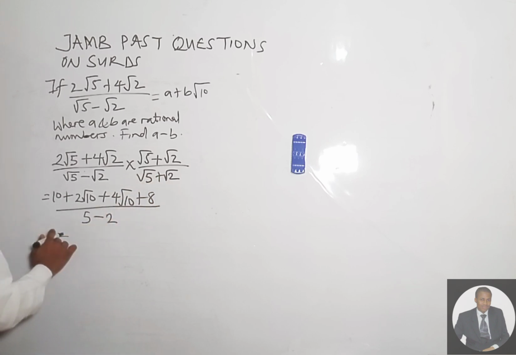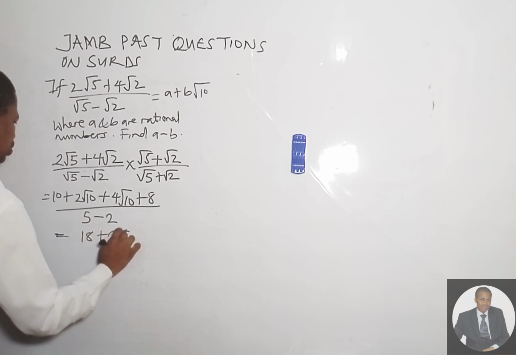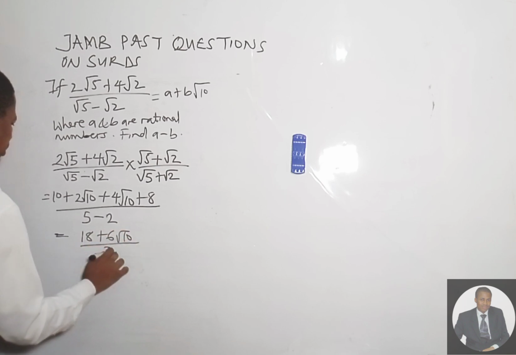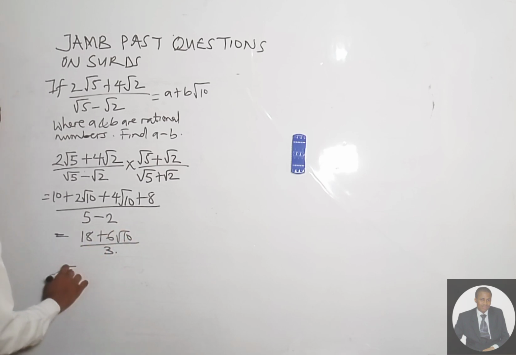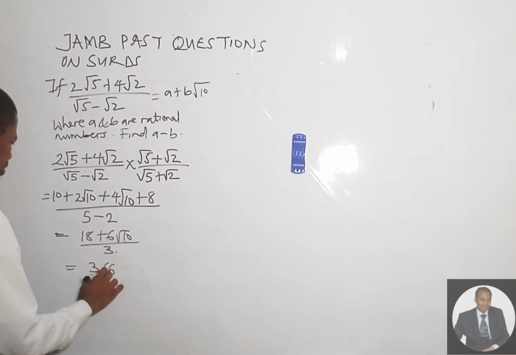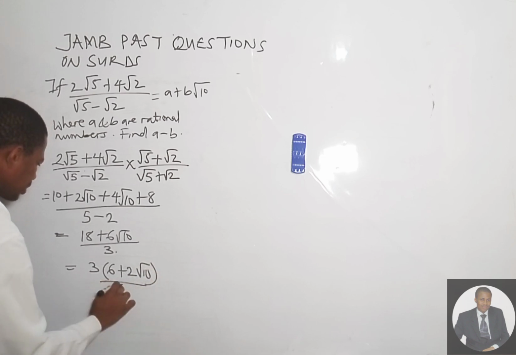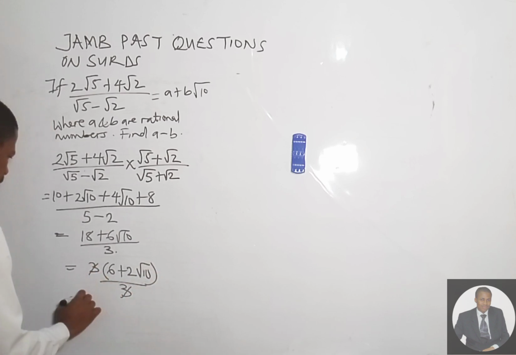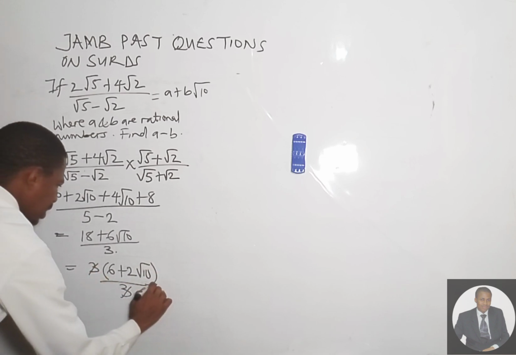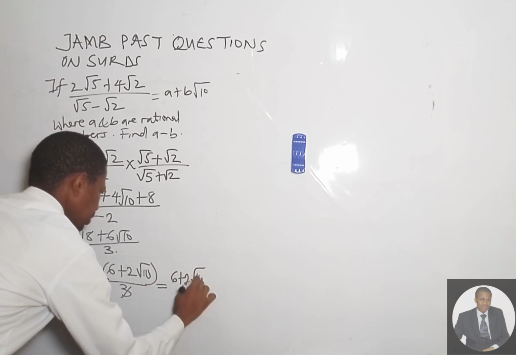So that will give us 10 plus 8, that's 18, plus 6 root 10 over 3. So what's the commonality here? 3. So we say 3 into 6 plus 2 root 10 over 3. We got 3, so the answer we will have will be 6 plus 2 root 10.